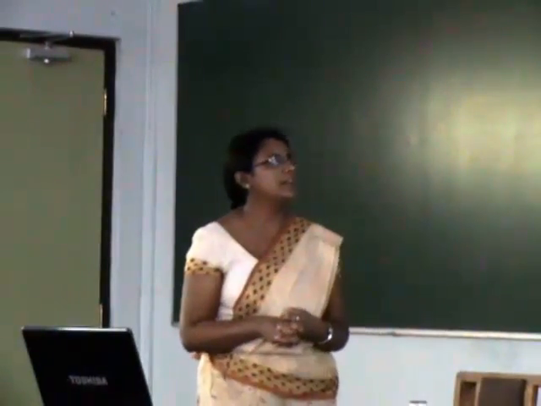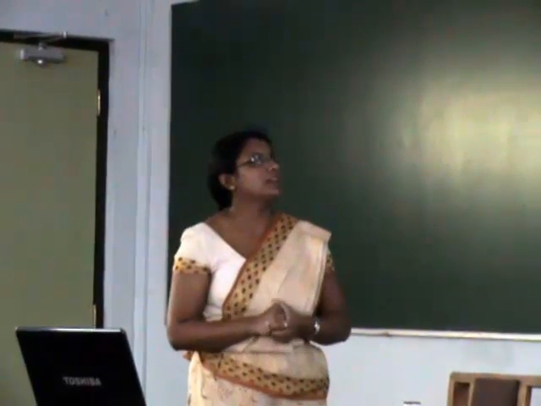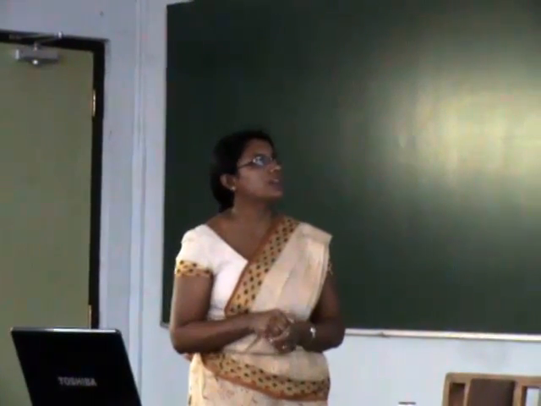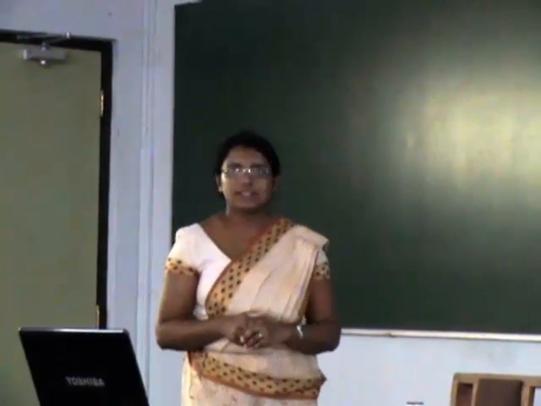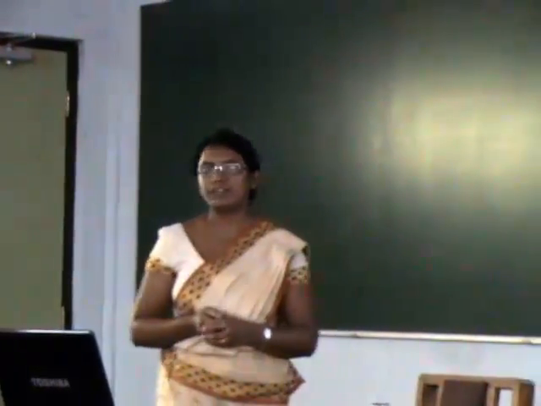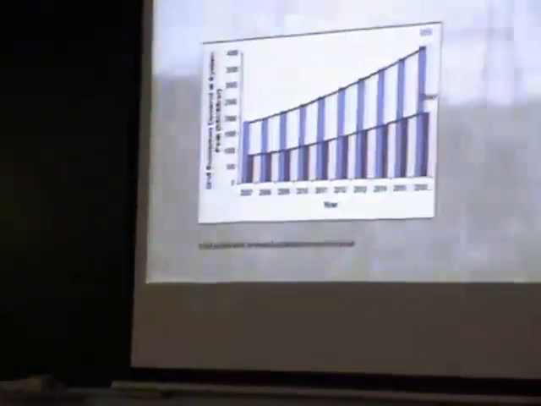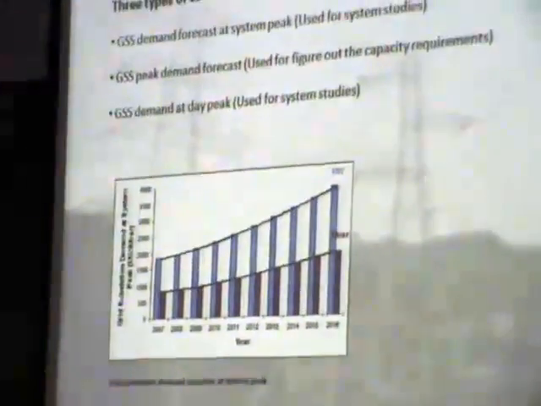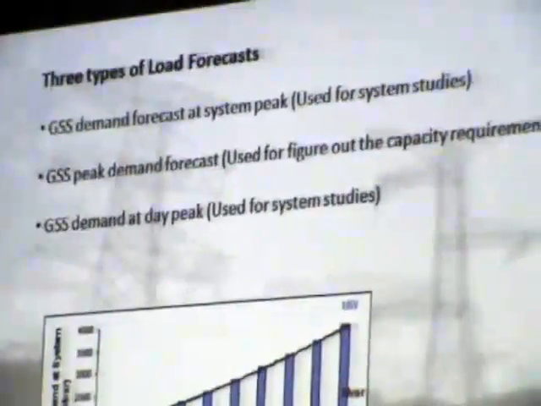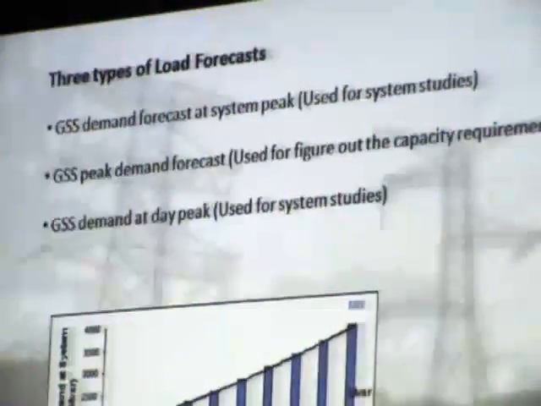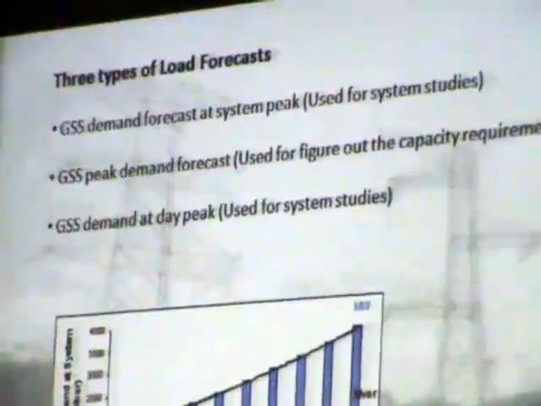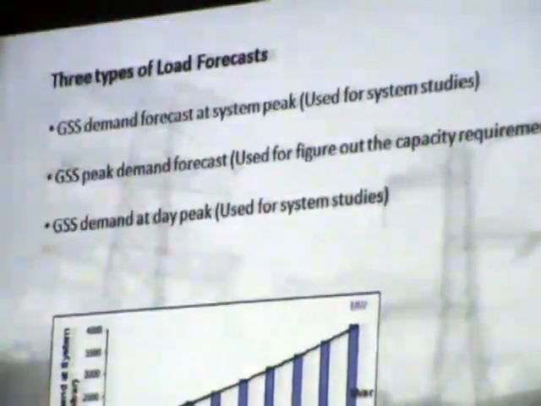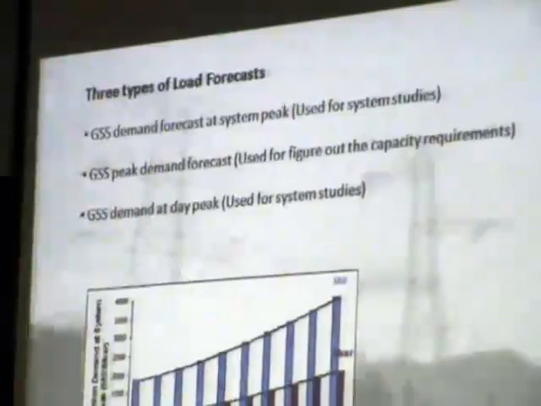There are 3 types of load forecast. They are the substation demand forecast at system peak. System peak means the night peak around 7:30 p.m. And the substation peak demand forecast. That means most grid substations have the night peak demand, but around Colombo and Biyagama, grid substations have the daytime peak demand.